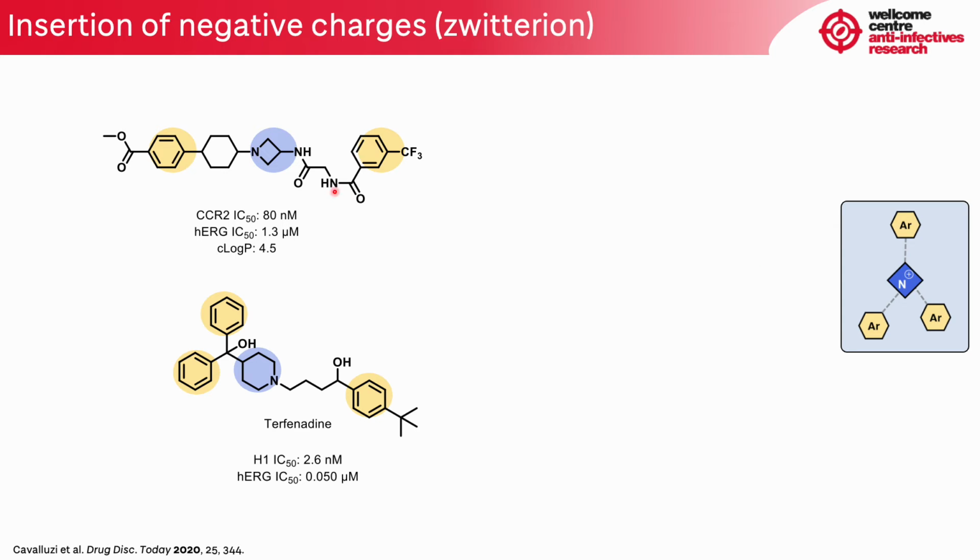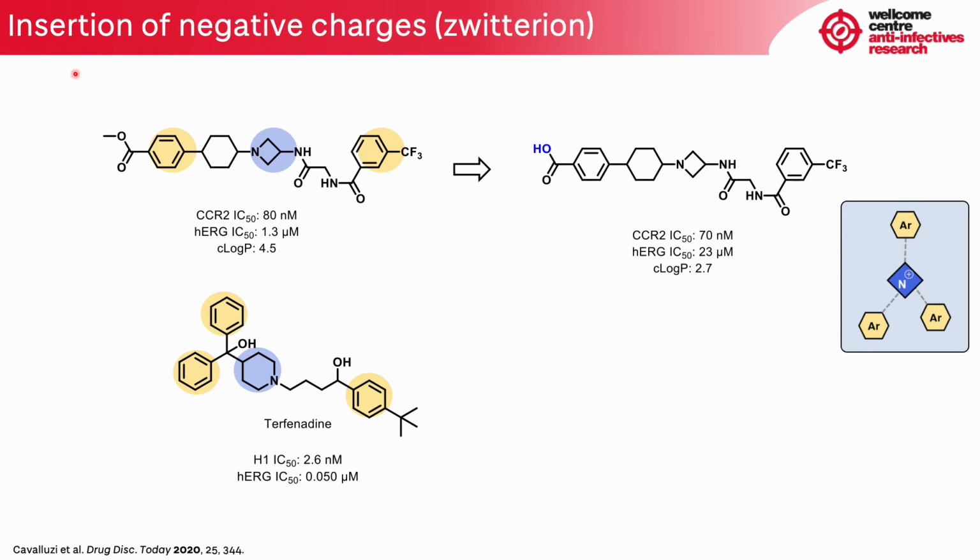If we insert a negative charge in this molecule, that ability of doing cation-pi or ion-dipole interactions with a positive charge will be greatly diminished. So in the first case, they just hydrolyzed the ester, freeing the carboxylic acid. The potency of the molecule stayed the same, and the hERG activity was greatly reduced.